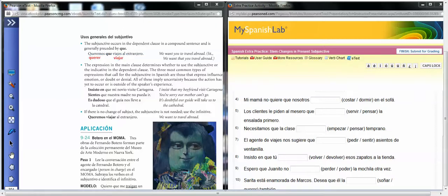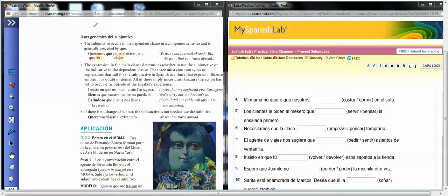So if you look at these, querer is an ER verb, and you'll notice that this ending is an ER ending. Well, viajar is an AR verb, and you'll notice that this is an ER ending. Well, that means that this one's in the subjunctive and this is in the indicative mood.